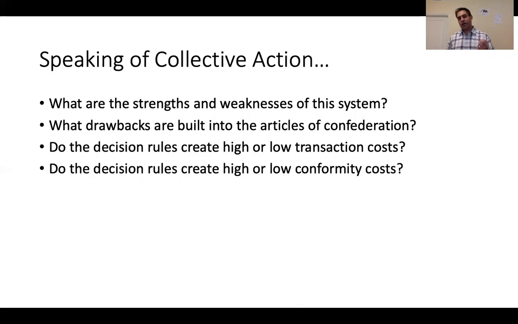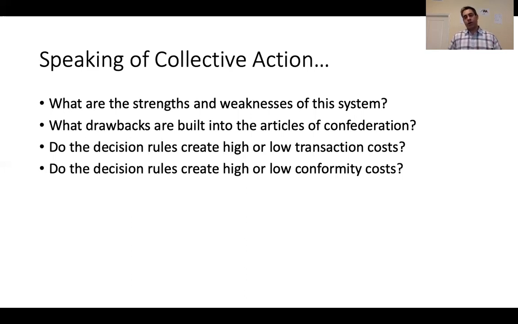And do they create high or low conformity costs? Most importantly, what is going to be the predictable outcome of a government that is organized around these principles? How is it going to be able to resolve problems of free ridership, resolve problems of coordination, and how is it going to be able to do so in a time of crisis, in a time of revolution?